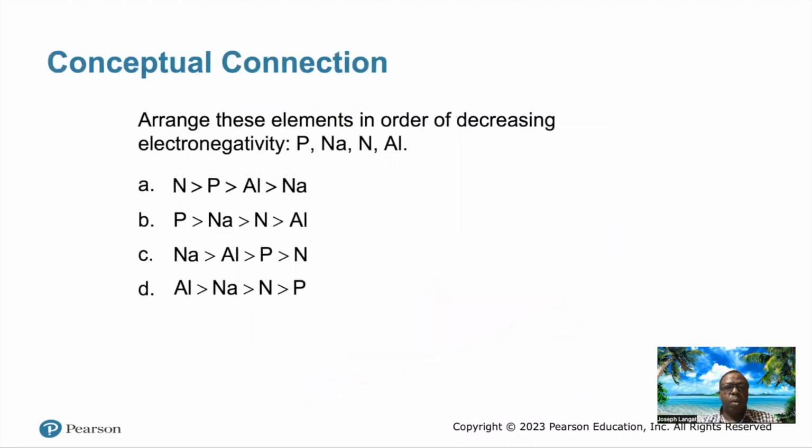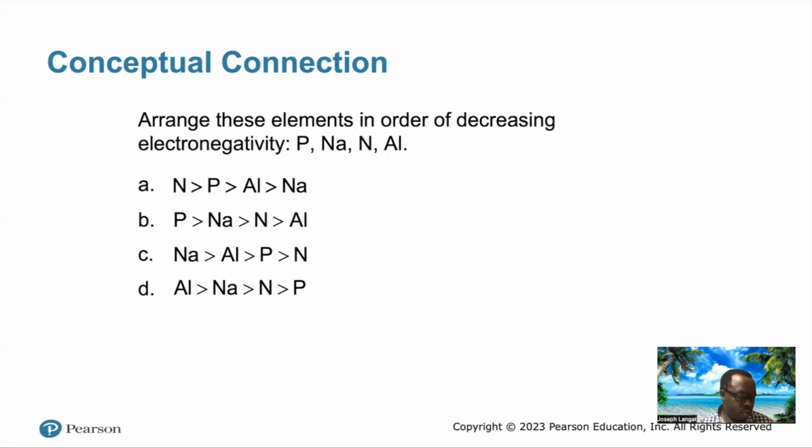Let's see a conceptual question. If you are asked to arrange the following elements according to decreasing or increasing electronegativity, what you need to do is eyeball the periodic table. In the quiz or exam, I'll give you the periodic table.